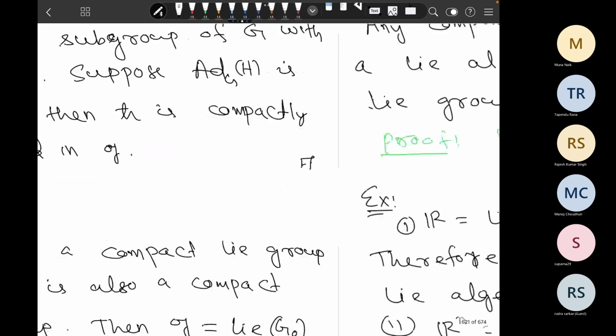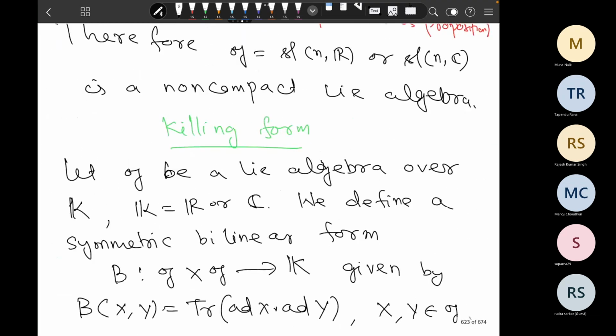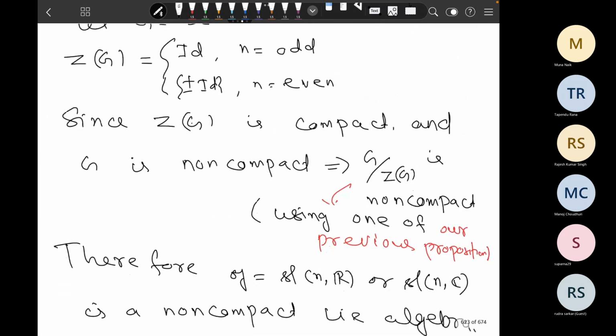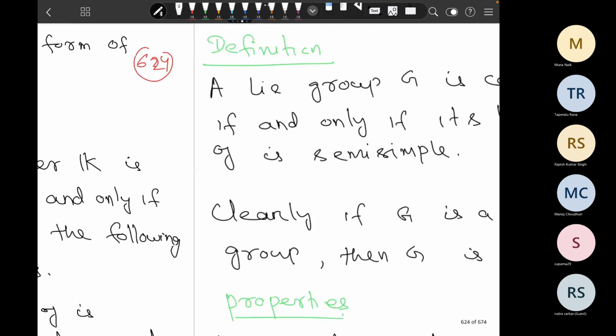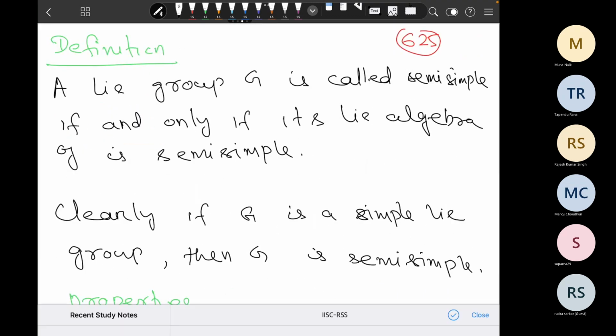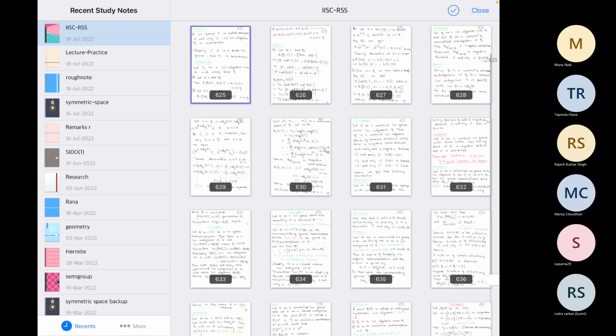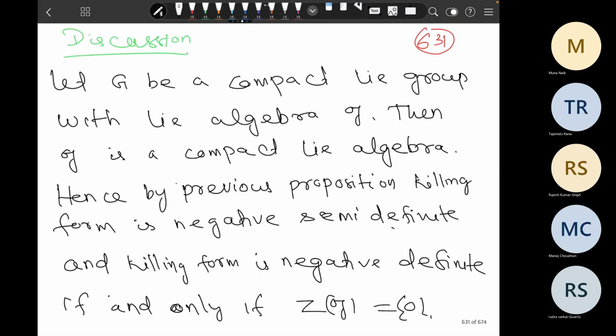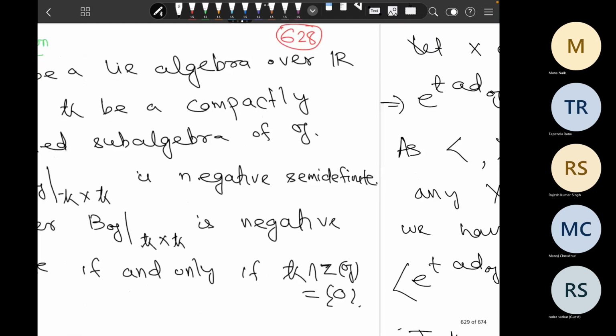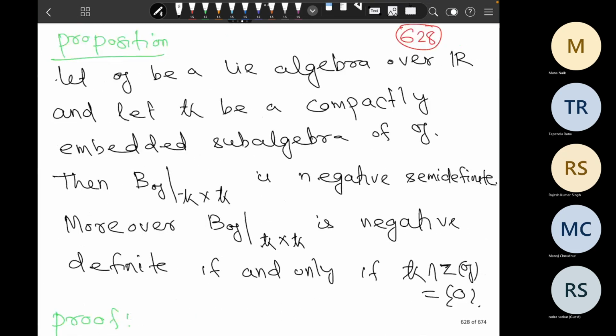But for a non-connected group, when H is non-compact, I have also told you. Just wait. So where is that? Page 621 or something.